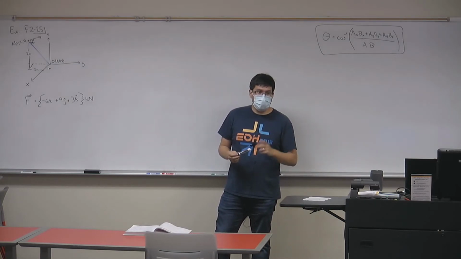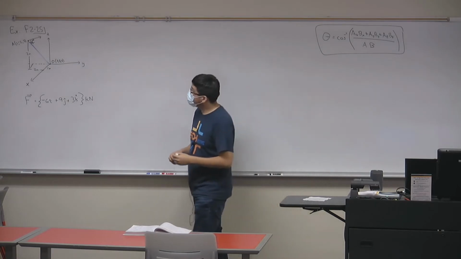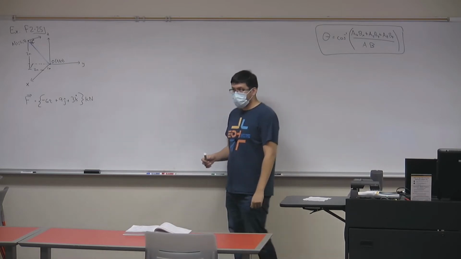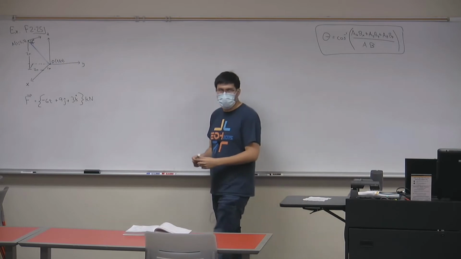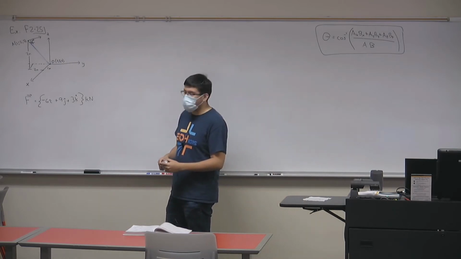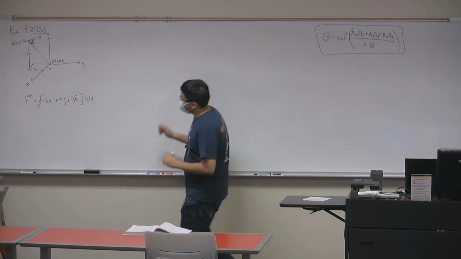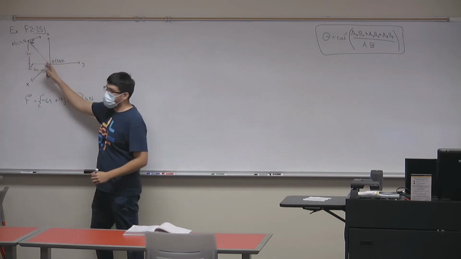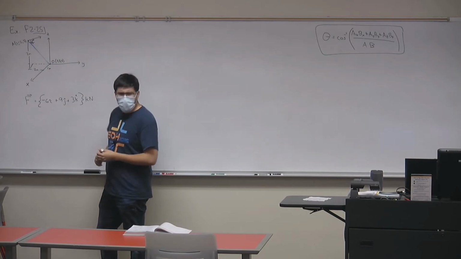You need to find the vector from A to the origin. Exactly. Yeah, we need to find a vector that goes from A to O. What do we call those vectors?